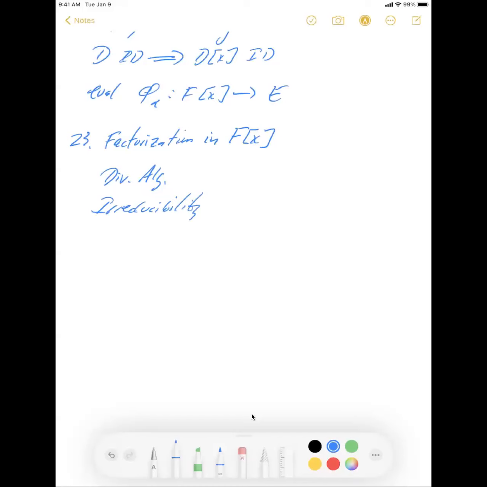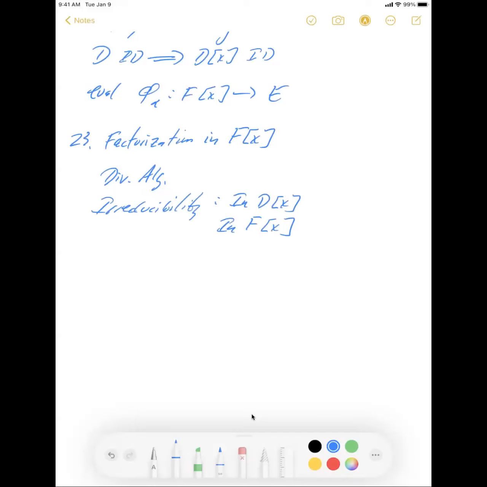And we defined irreducibility in D[x], but most of the time we work in F[x], so there's an easier way to think of what it means to be irreducible in F[x].